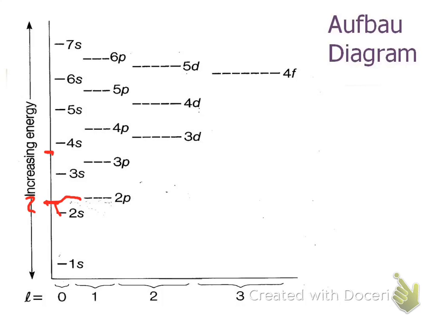Then you see some crazy things happen. If you look at level 3, I'm trying to put it between these, so the s, then the p, and then the d. So this would be maybe a 3 there, okay? And then for level 4, my goodness, there's a 4s, p, d, and f. The actual energy level 4 is probably somewhere up there.